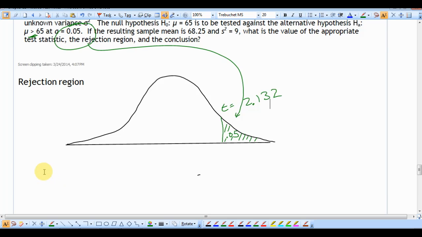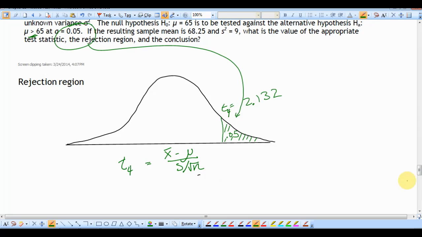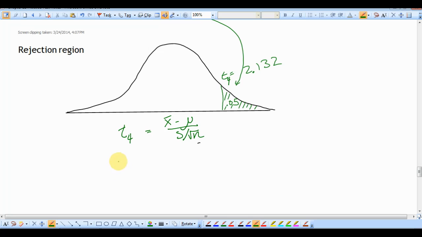And let's turn that into a mean. Okay. So we have T sub 4 equal to x bar minus mu over s over root n. 2.132 is equal to x bar, which is unknown, minus mu.